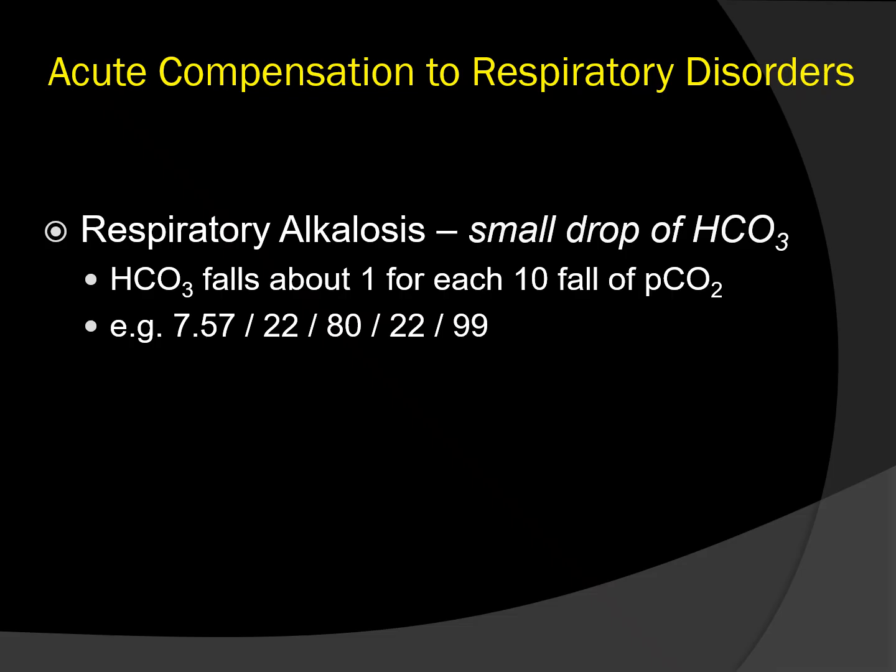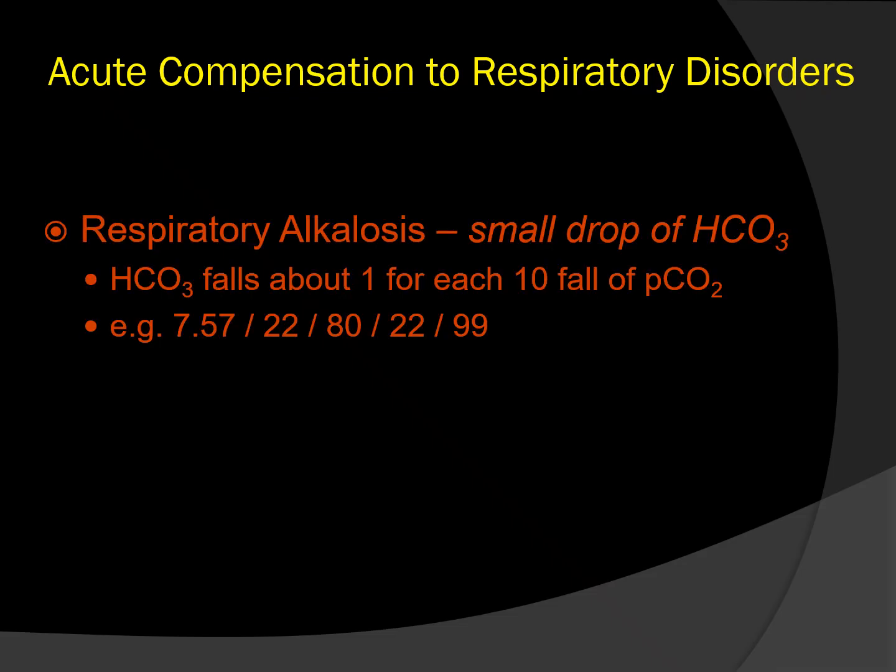Notice that the bicarbonate is 22, not 24. That very small change of about 2 for about a 20 drop of the PCO2 happens acutely. There's no time delay. This is not a metabolic response, this is a buffering reaction. We'll get to that a little bit more in a minute.